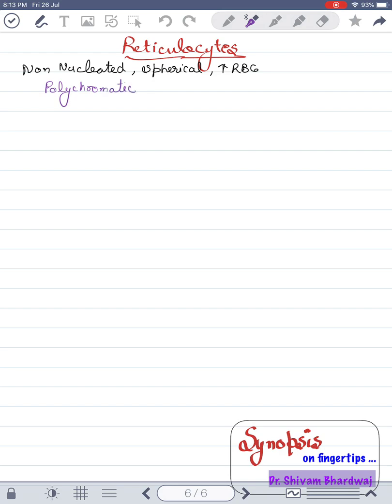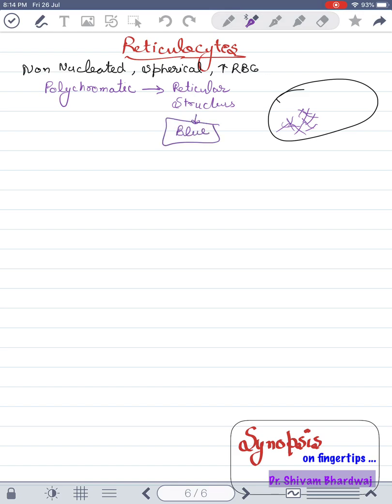Because they have certain reticular-like structures which are blue in color, which resemble the free ribosomal RNA. So these are the reticulocytes.